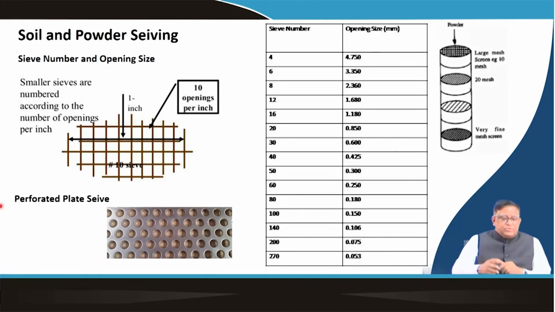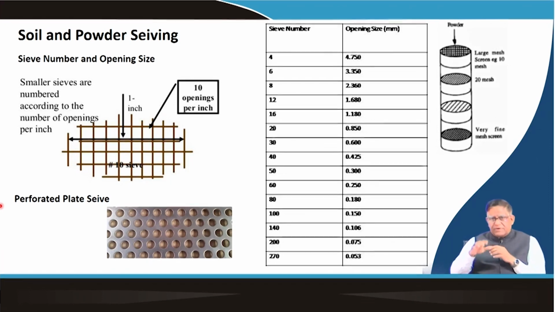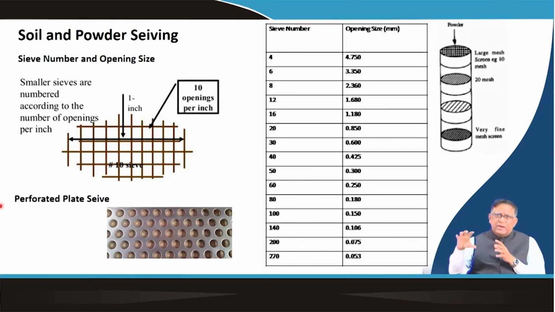Now, coming to sieving, which is for the finer particles, this is exactly required for your laboratory as well as industrially, where you will have to make different arrangements for classifying. But it is very important to first know the material characteristics.